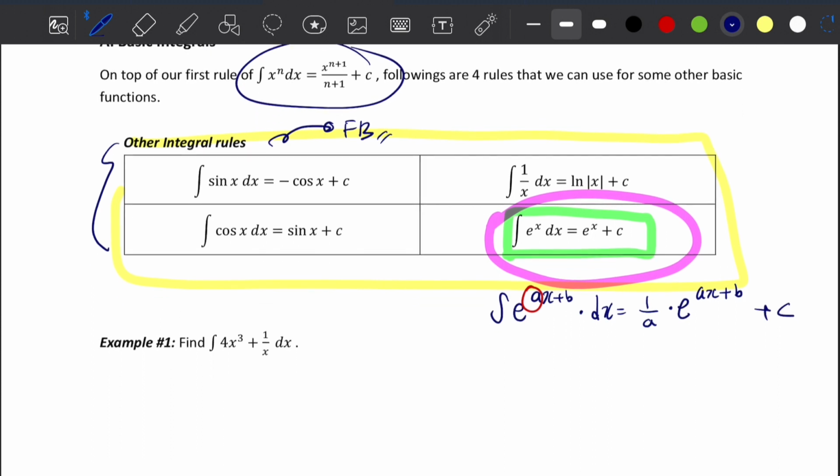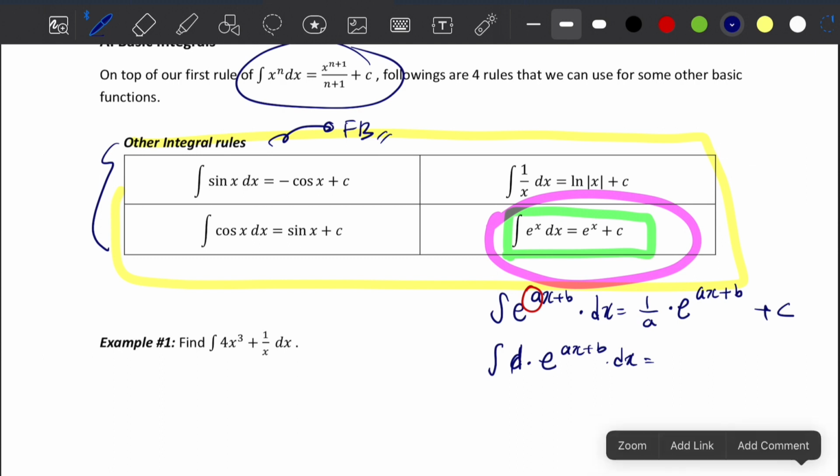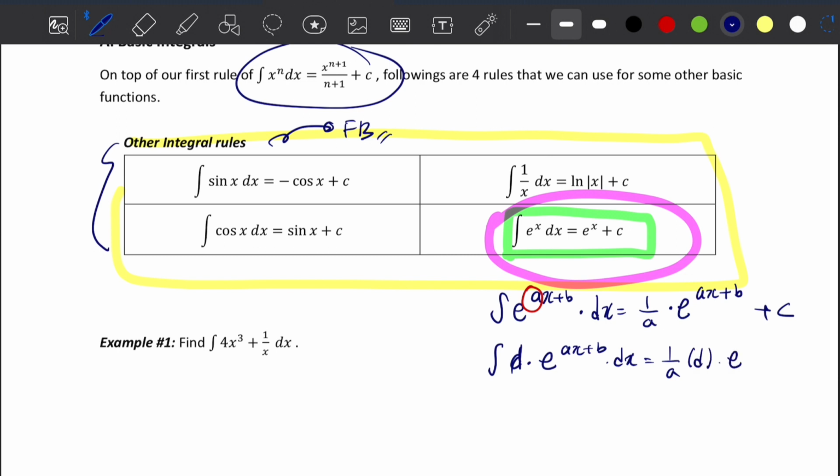Also, there can be a case where we have a number in front of Euler's number, let's call it d, and dx. In that case, we still take the 1 over a to the front, but multiply with the d, keep the power the same, and write the constant c.